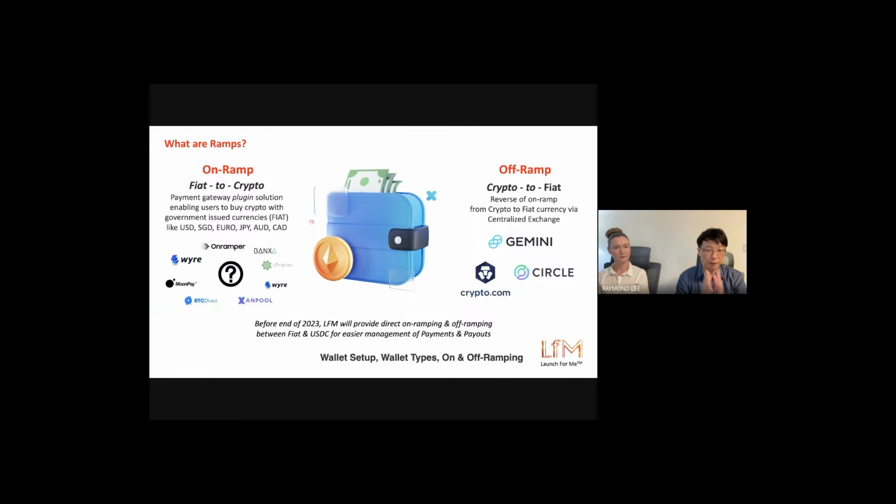But if your NFT is very expensive and yet a person is on-ramping using credit card, they can do it multiple times, and then they can accumulate that value of fiat into cryptocurrencies before they make the purchase. Another good news is that in future LFM, we're going to be offering an Afterpay system where you can break it down into installment payments, and possibly even longer than what Afterpay provides, right?